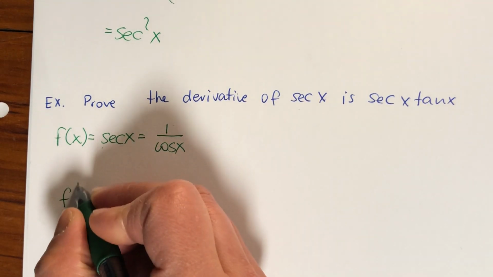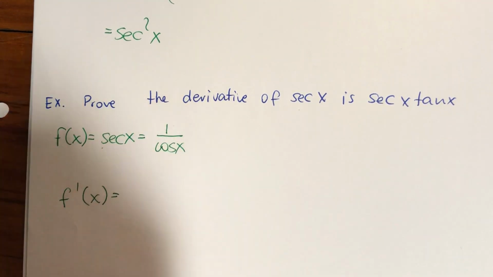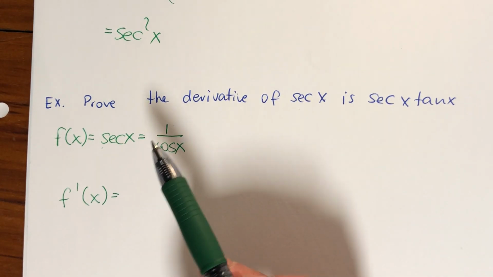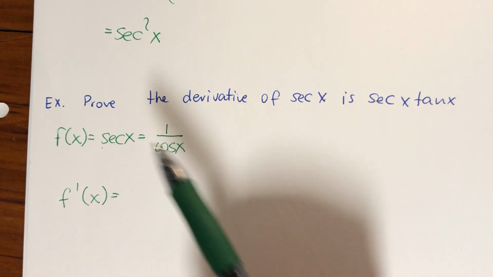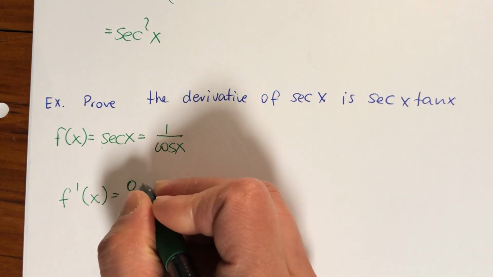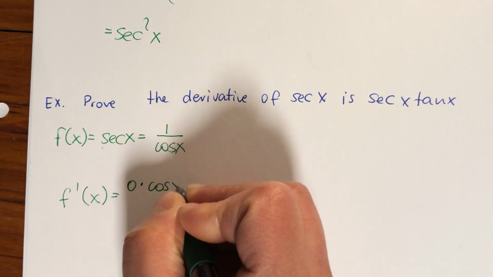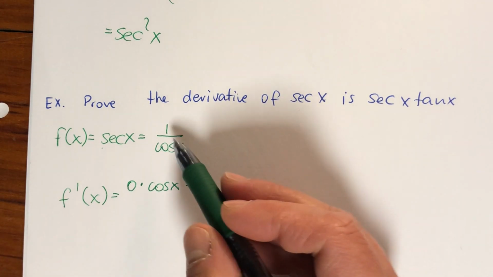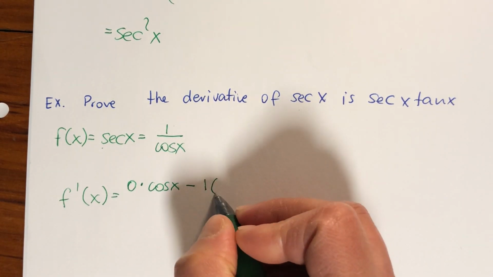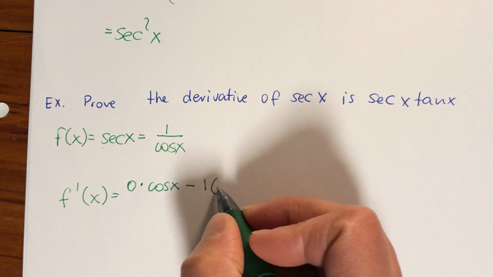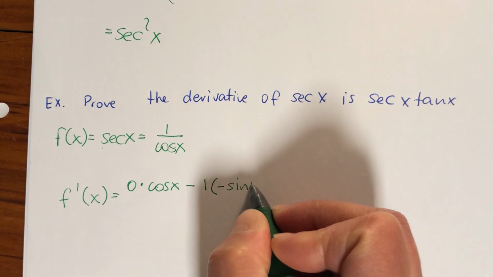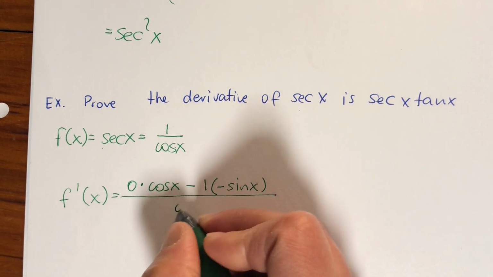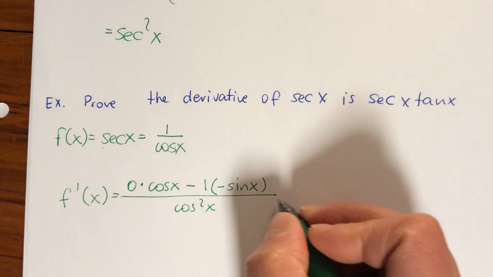If I want to find the derivative of that, I am going to have the derivative of 1, that's just 0, times cosine of x, minus 1 times the derivative of cosine, which by definition is negative sine of x, divided by cosine squared of x.